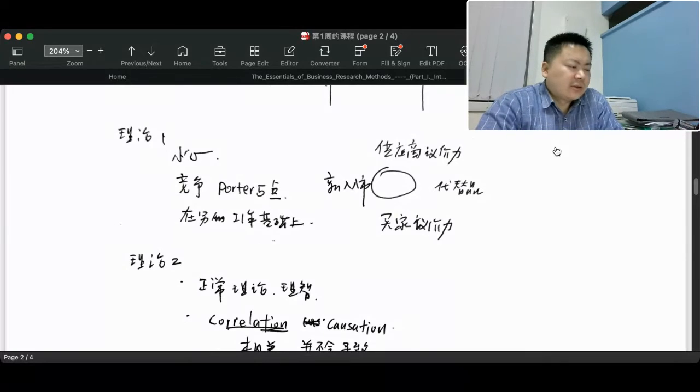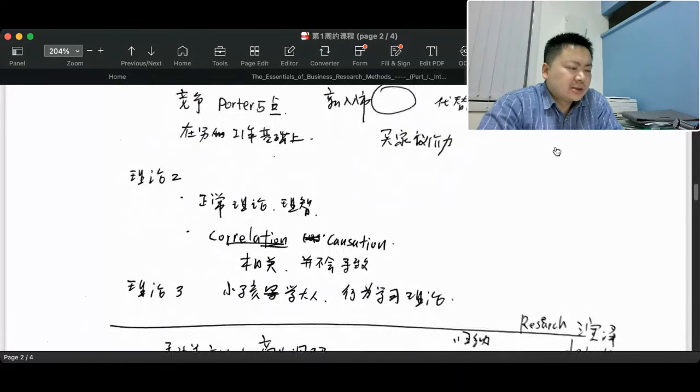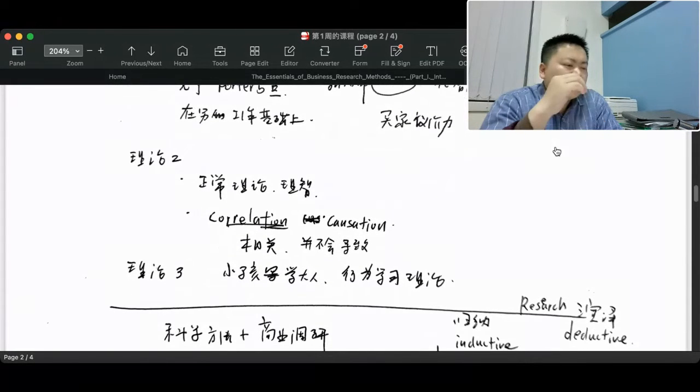So that's theory one. And theory two is about whether it is a normal theory, whether it is wise. What does that mean? Could there be something not normal, not wise? Hmm.